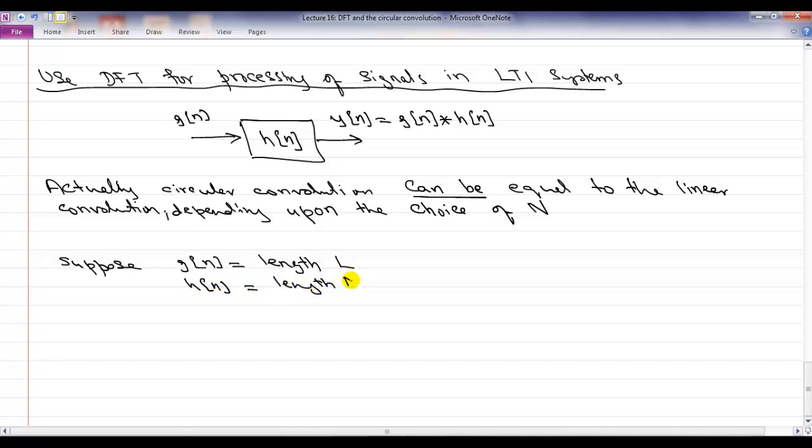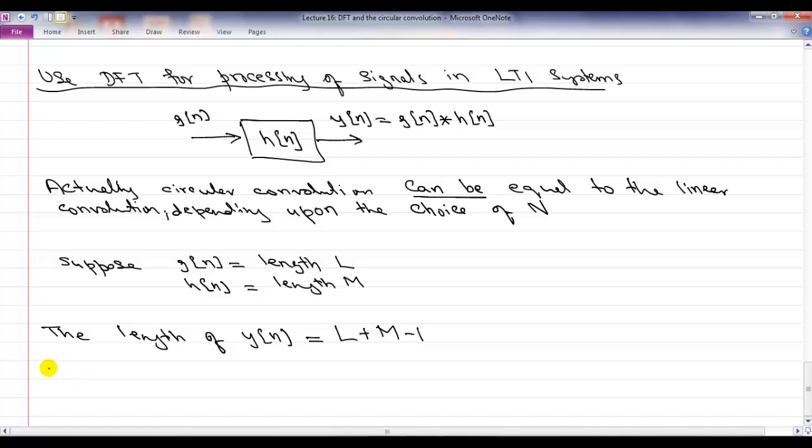So the question is, if I convolve these two sequences of length L and m respectively, what is the length of my output sequence Yn? Okay, that is something that we have seen many times before. The length of Yn is simply equal to L plus m minus 1. Length of one sequence plus the length of the other sequence minus 1.